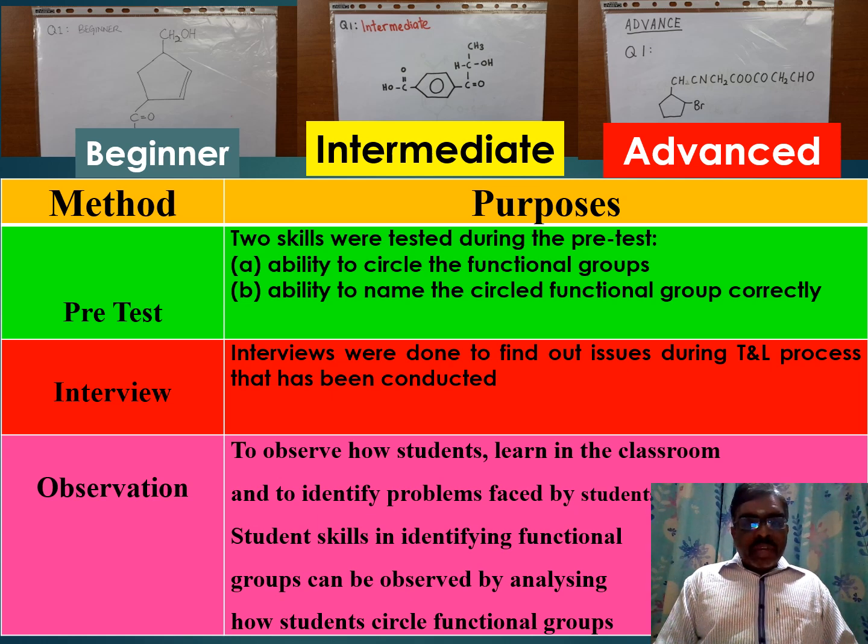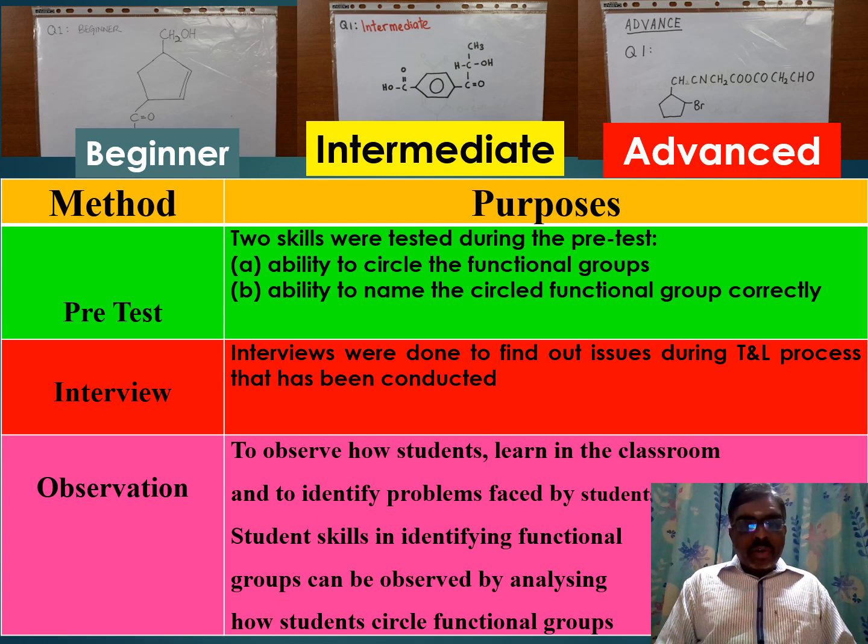The method of evaluation is that we use pre-test, interview and observation. In the pre-test, two skills were tested: the ability to circle the functional groups, and the ability to name the circled functional groups correctly. In interviews, we found out issues during the teaching and learning process.